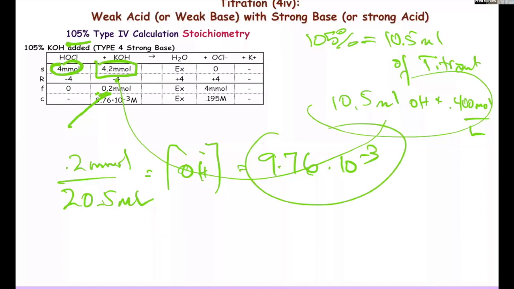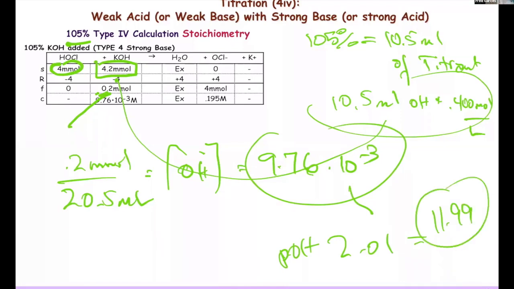That actually is the hydroxide ion concentration. You don't have to do anything further. You just take the negative log of that number, and I come up with 2.01. That would be the pOH, and for the pH I subtract from 14, and that would be 11.99, approximately 12.